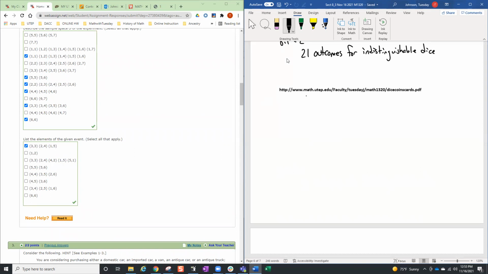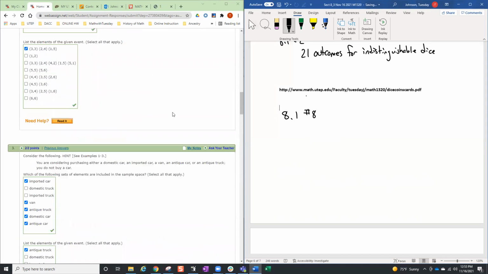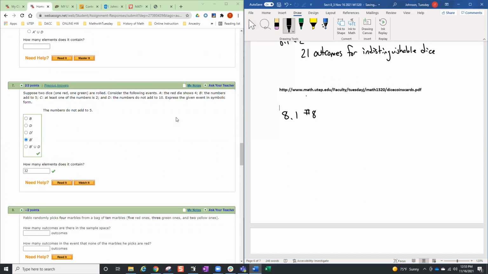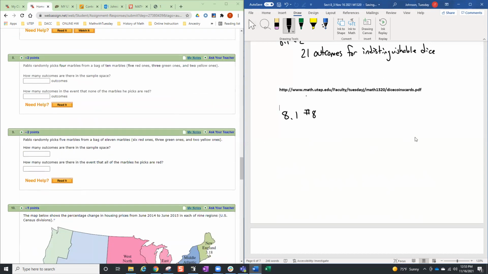So we are still on 8.1, number 8. All right, now I'm going to jump down. There we go. Pablo randomly picks 4 marbles from a bag of 10.